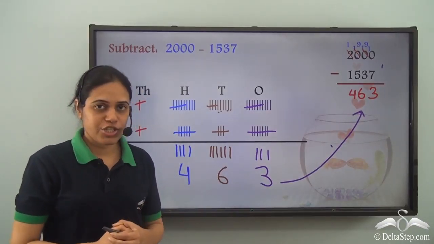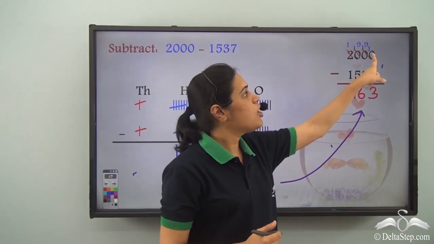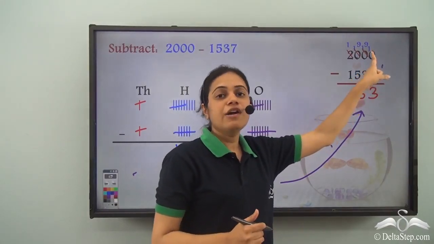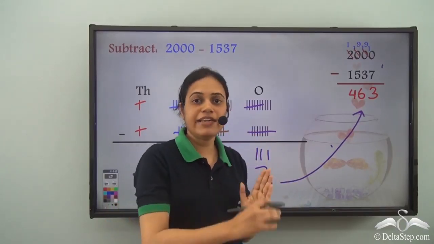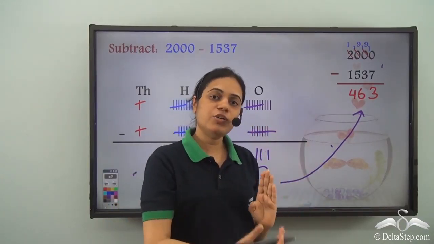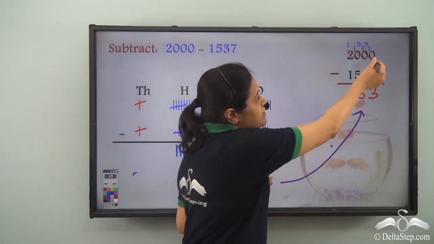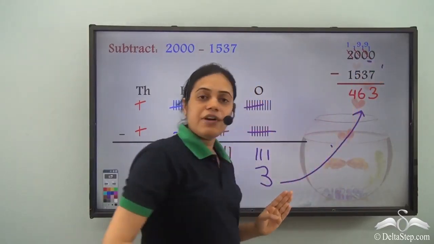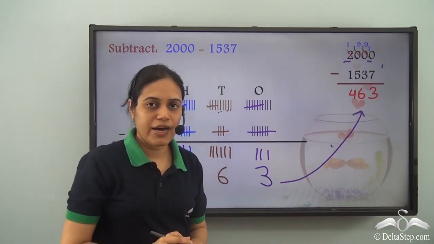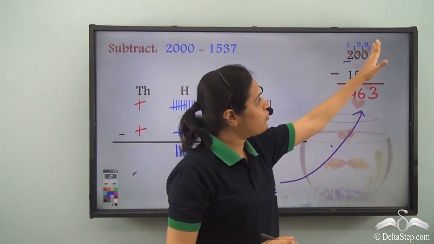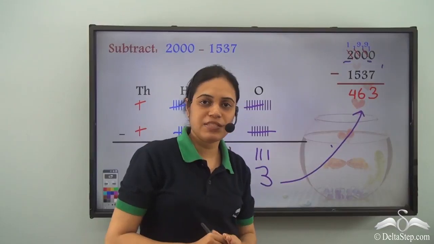So each digit in subtraction borrows only from the digit to its left and each digit lends only to the digit to its right. So this 0 in the ones place cannot borrow from 2. It cannot do that. So it will have to ask the 0 in the tens place.